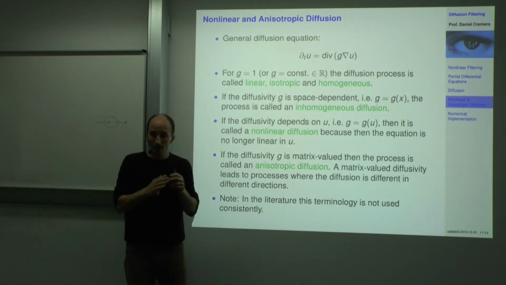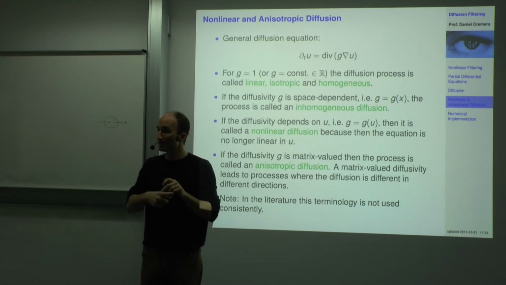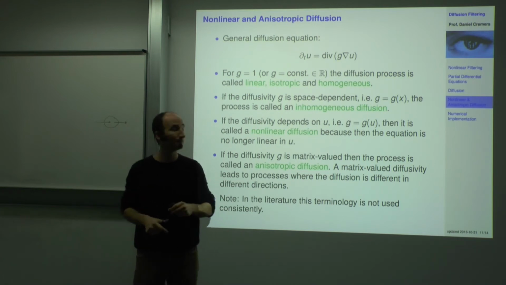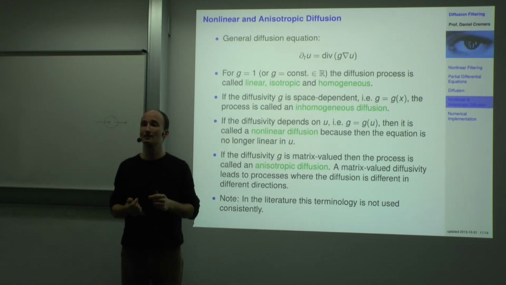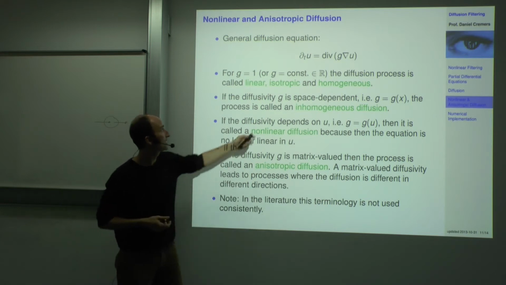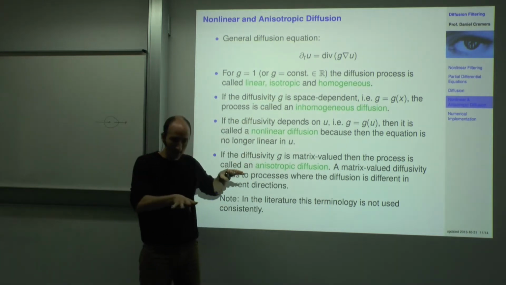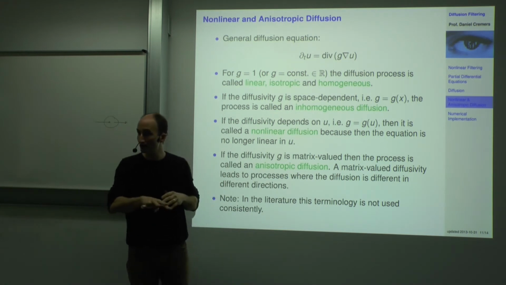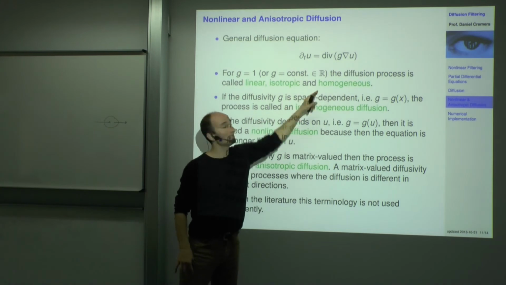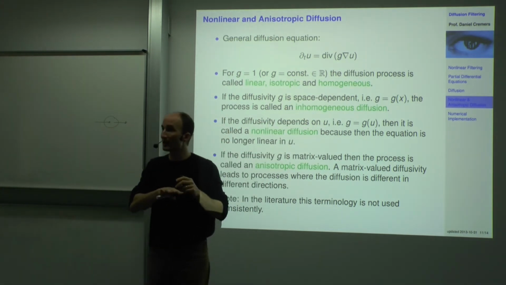Isotropic means you have the same process in all spatial directions. Homogeneous means it's the same diffusivity in every location in space. So in some sense, isotropy is related to rotation and invariance to rotation, and homogeneity is invariance to translation.